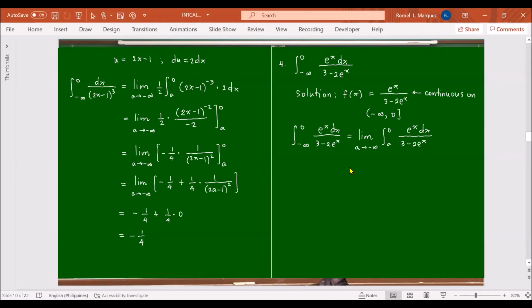Okay? So here our u is equal to what? 3 minus 2 e to the x. Du is equal to negative 2 e to the x dx. So we can have the integral of du over u.